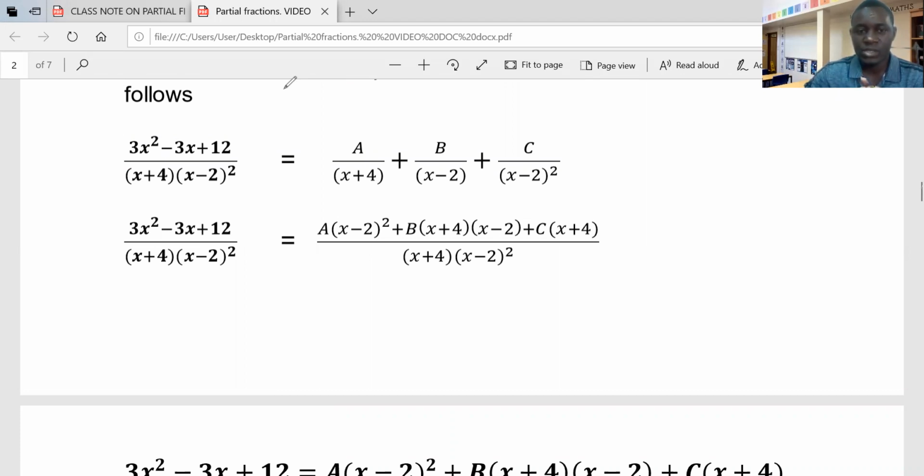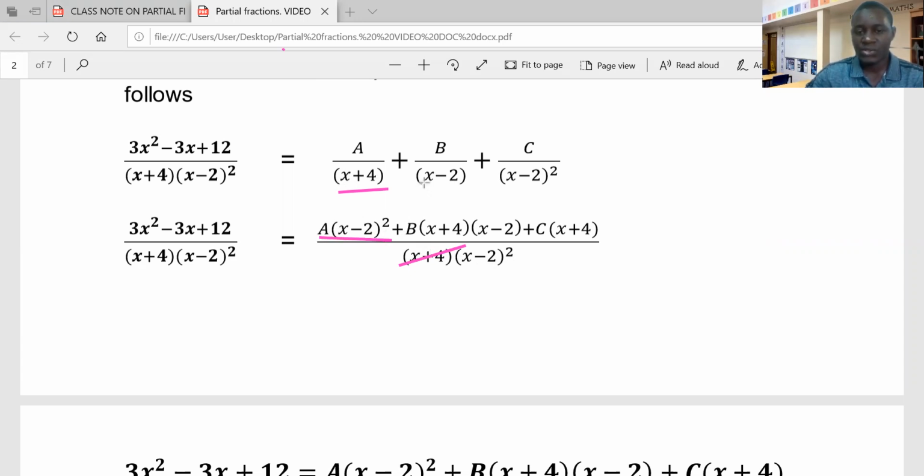Now we begin to use each of the denominators to divide through the LCM. So if we use x plus 4 here to divide through the LCM, it will strike out this. And if it strikes out that, we have x minus 2 in brackets squared, multiplying our a. So we have a times x minus 2 squared.